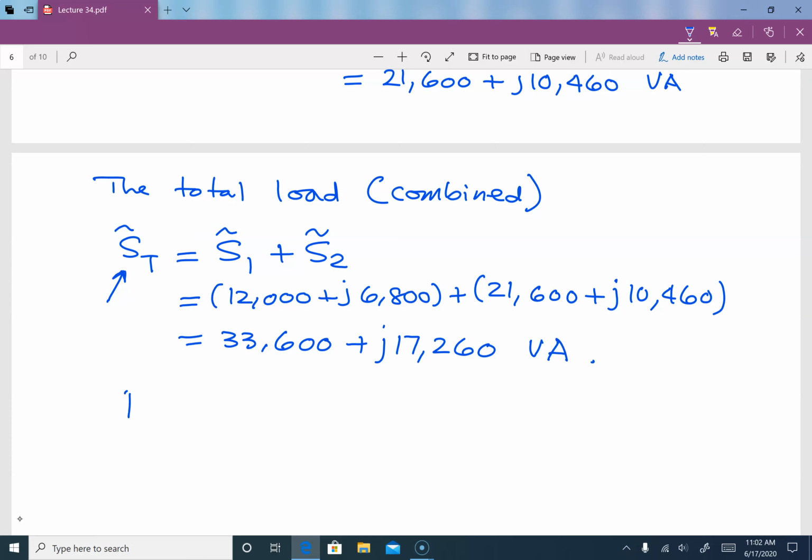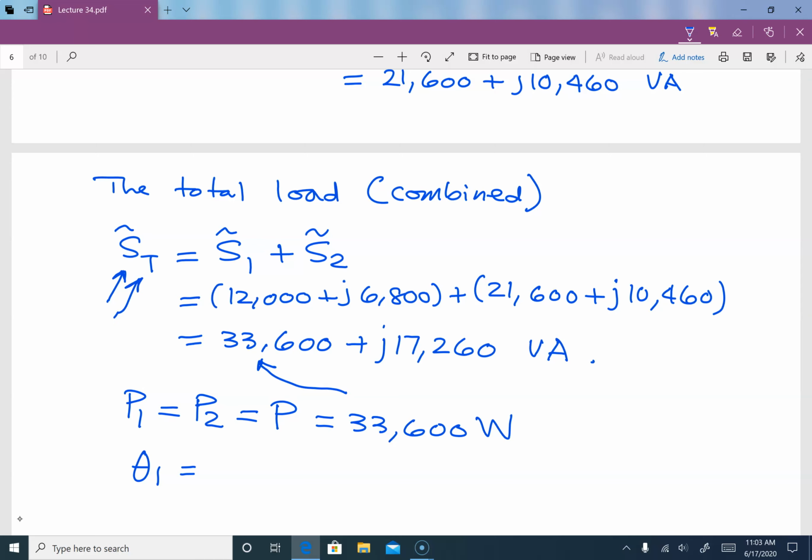So we can say that P1 is equal to P2 is equal to P, and in this case it is this value here. So 33,600 watts. Our theta 1 is equal to what? Is equal to the angle of this ST. So what is the angle of this ST?